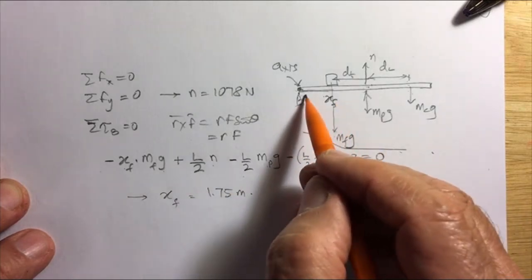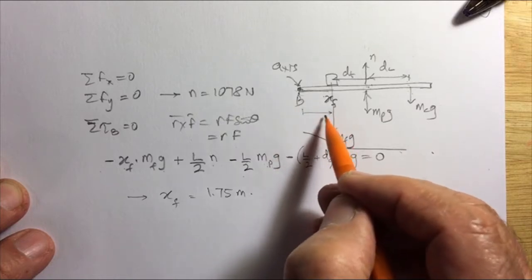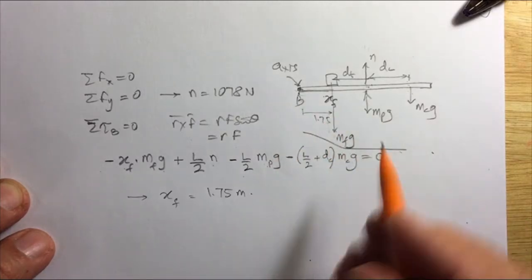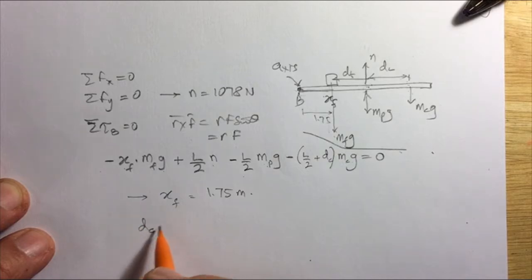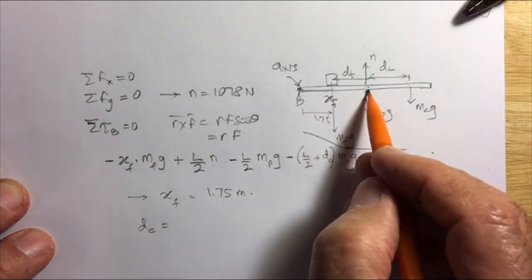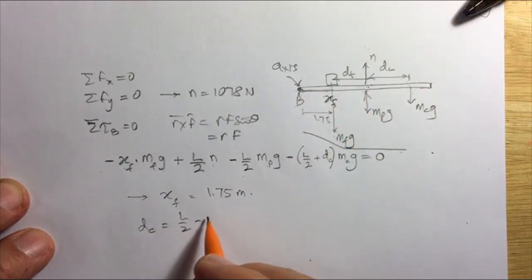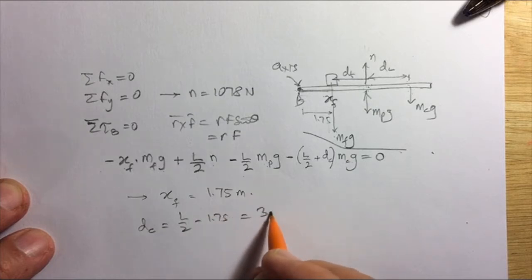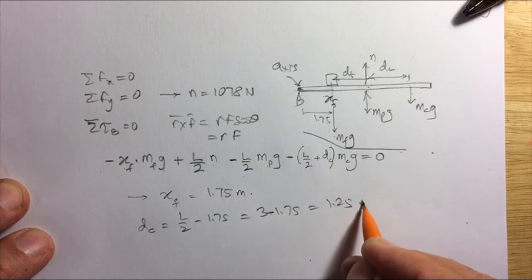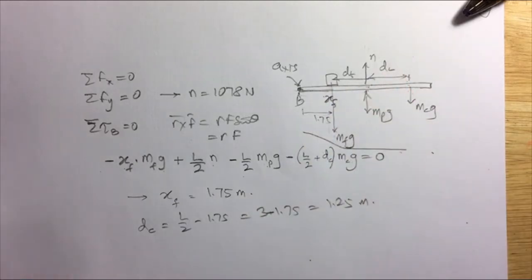So this distance from here to here is 1.75 meters. And therefore the distance d_c is going to be L by 2 minus 1.75, 3 minus 1.75 equals 1.25 meters, which is the same as what we got before.